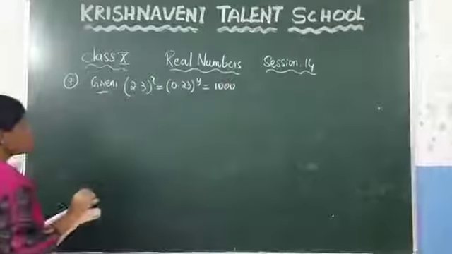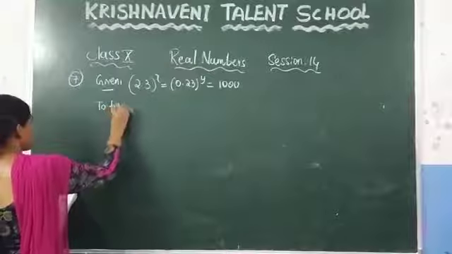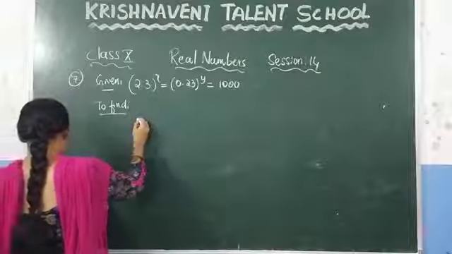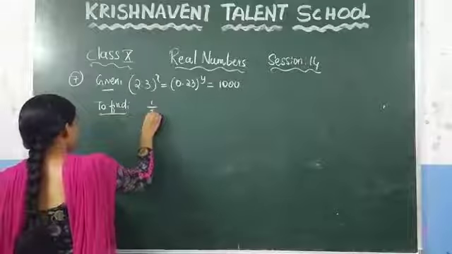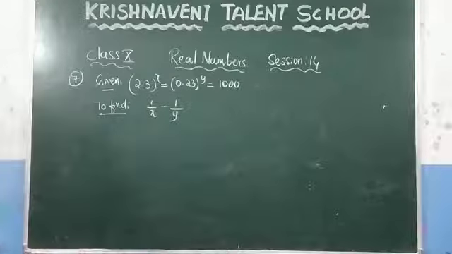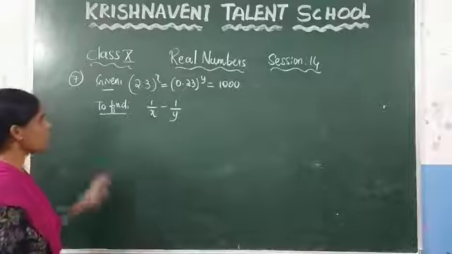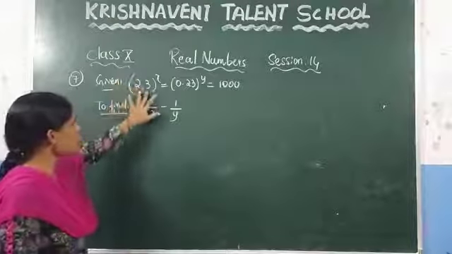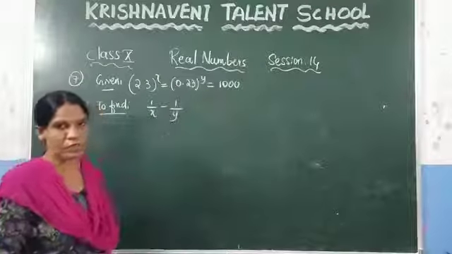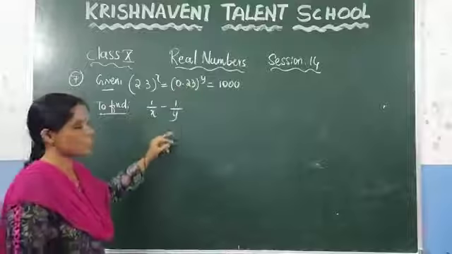What we need to find? 1 by x minus 1 by y. Here, this is the question given. Based on this condition, you need to find the value of 1 by x plus 1 by y.